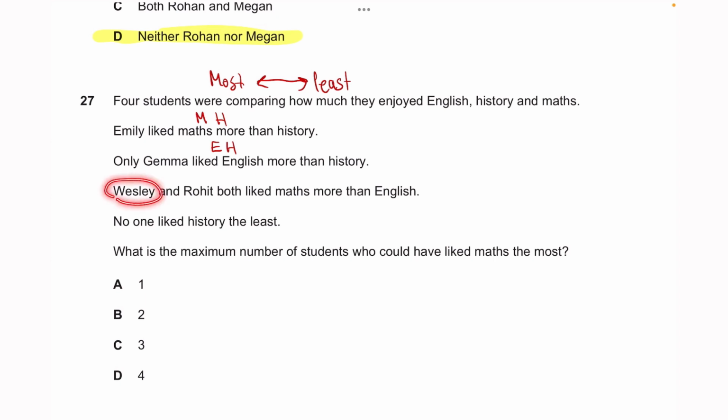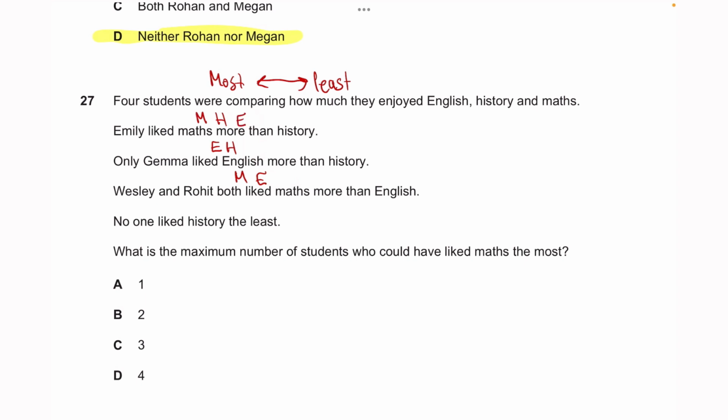Okay, now it says Wesley and Rohit both liked math more than English, so Wesley and Rohit both liked math more than English, and this last statement will help us work out what the ranking of the rest of the subjects are. It says no one liked history the least, so that means history can never be the third in all of these. Okay, so if we have a look here, Emily liked math more than history, that means English can't be between them.